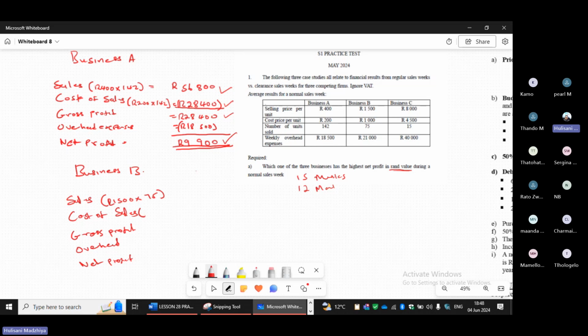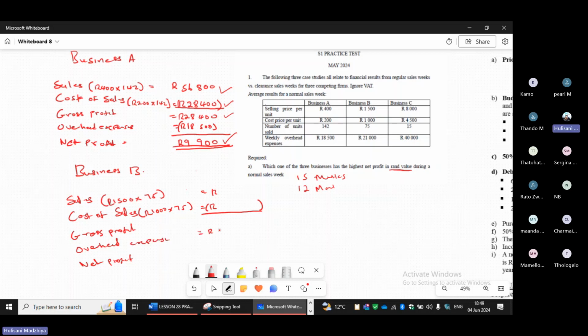Cost of sales is going to be 1,000 Rand cost per unit multiplied by the number of units sold, 75. And then we're going to have some values over here and then another value over here, which is going to be in brackets. And then we're going to have our gross profit and then overhead expenses.